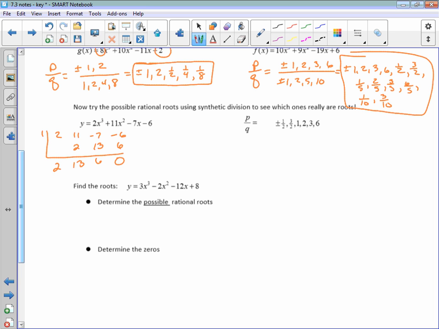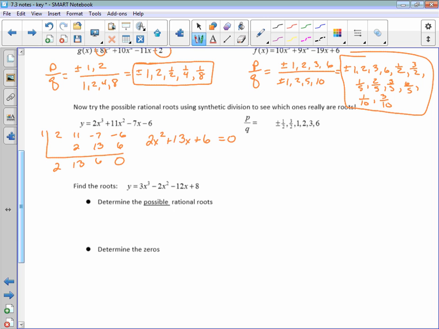When you're doing these on a quiz or test, either the list of P's and Q's will not be huge, or I'll tell you, here's one that works, find everything else from there. I'll help you in some way. So this worked. So now I'm left with 2x squared plus 13x plus 6, right? If I said find all solutions or all zeros of this equation, what would you do now? Factor it. That's why we practiced factoring in our warm-up.